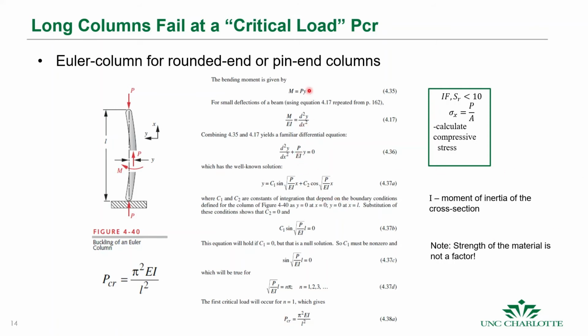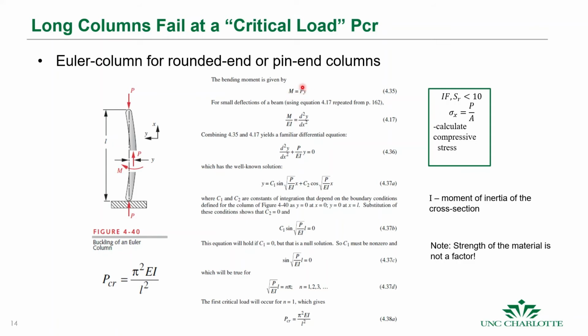So this is the critical load. It may not be clear why we call this the critical load, so let me come back here for a second and highlight that. The critical load is the load that is equal to a bending moment for some deflection y.